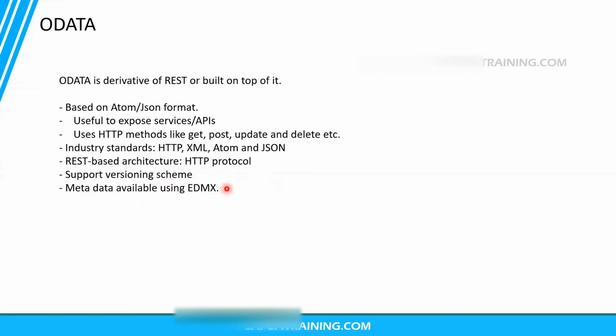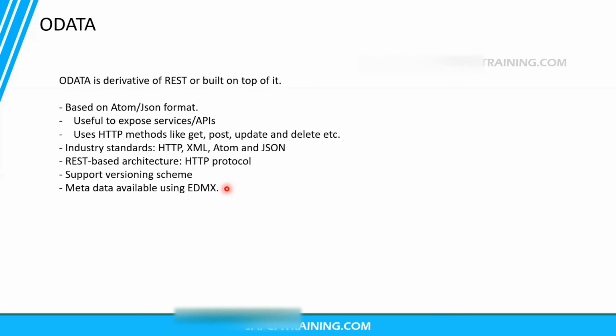Okay, in case of SOAP service, what were we having? We were having WSDL, Web Service Description Language, right? But in case of OData, we have EDMX. Okay, EDMX is a different type of file, but it contains the metadata of that service. So what are the methods it has, what are the entities, what are the entity sets, what are the associations between entities.